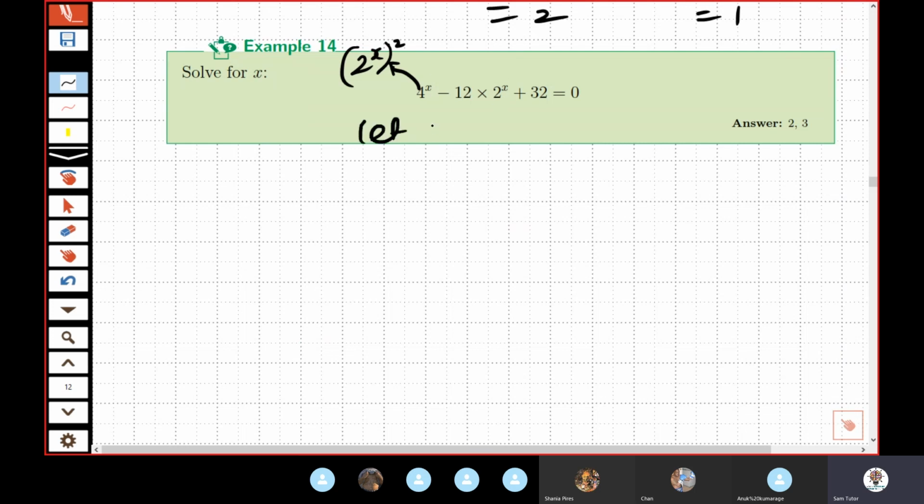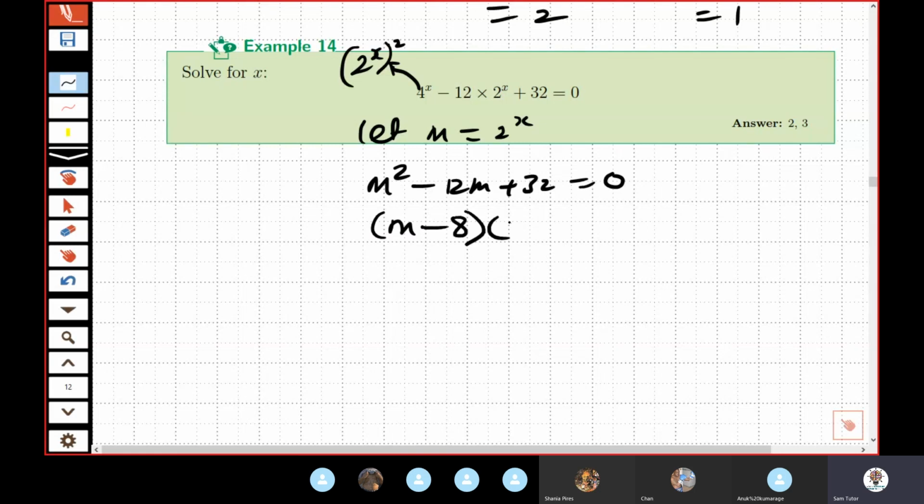So again, you'll just say let m, or pick a letter of your name if you want to. Doesn't really matter what letter. m equals 2 to the x, and then just go m squared minus 12m plus 32 equals 0. 32, negative 8 and negative 4. Yep.